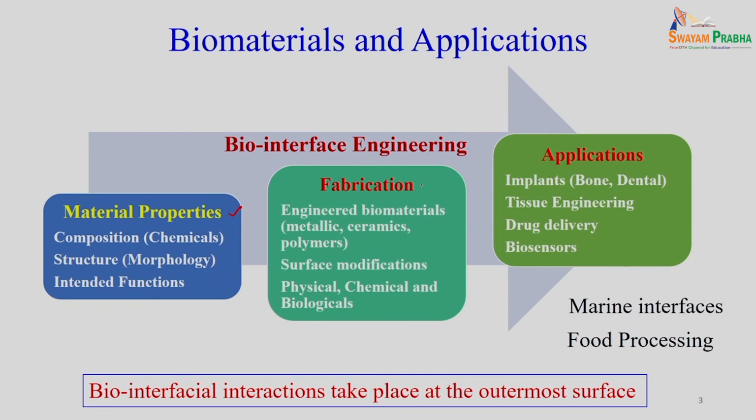Then we also go for different fabrication techniques, followed by the different intended applications, including implant biomaterials for tissue engineering, scaffolds, drug delivery and biosensors. Apart from the biomedical applications, in the marine interface we see biointerfacial interactions, and in food processing we see biointerfacial interactions.